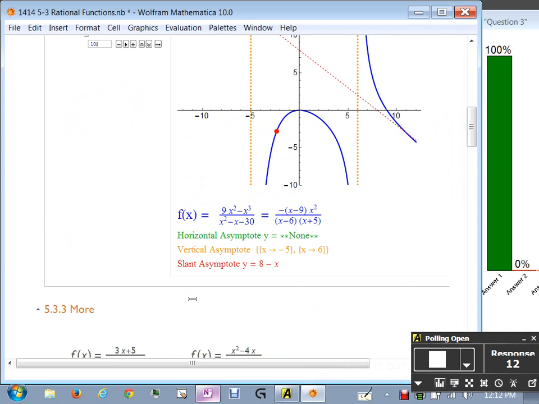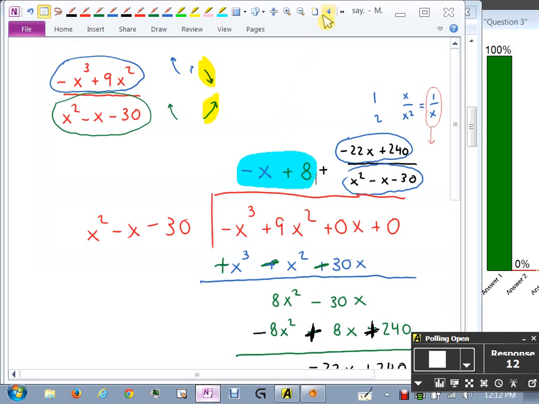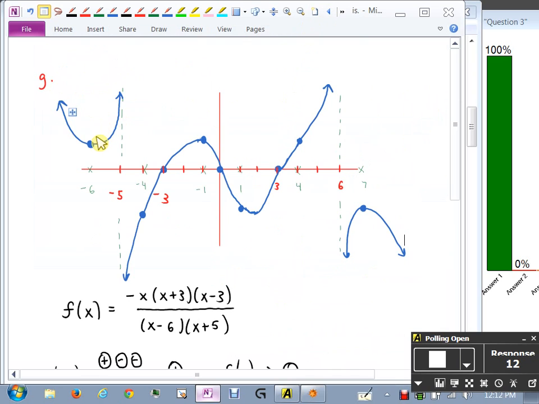But see, we said our ends went up forever or down forever, right? That's what we said. If we had done it correctly, they do, but they follow a pattern. They follow some line that would come through here, and then we could have said, oh, it follows that dotted line, instead of just saying it goes up forever. We didn't do that, and I'm not going to ask you to.